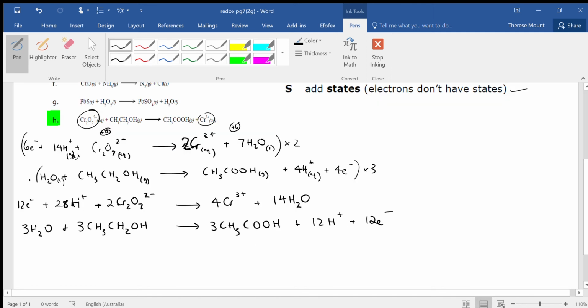All right, so 12 electrons, that's good. Let's add my reactants all together.